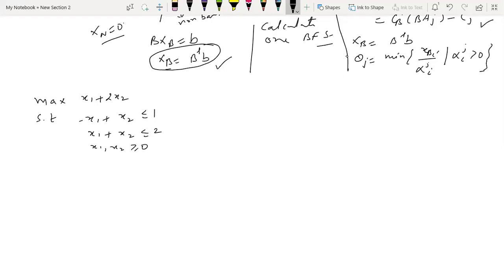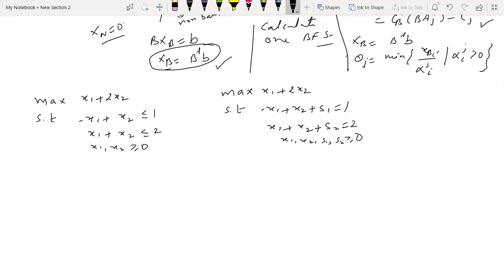First we construct the standard form corresponding to this problem. So my standard form was maximize x1 plus 2x2 subject to minus x1 plus x2 plus s1 equal to 1, then x1 plus x2 plus s2 equal to 2, x1, x2, s1, s2 greater than or equal to 0.